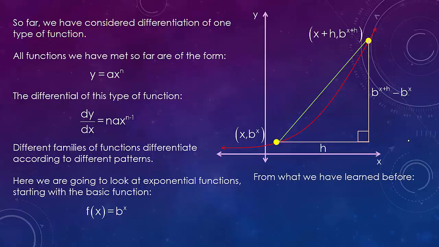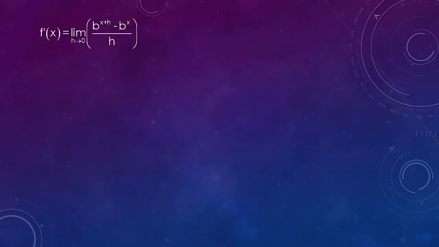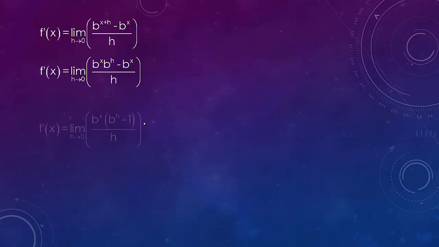From what we've learned before, we can say that f dash x is the limit as h tends to 0 of b to the x plus h minus b to the x, all divided by h. So let's work with this. We know from our index laws that we can split this to b to the x, b to the h, minus b to the x, and then we could factorize that.